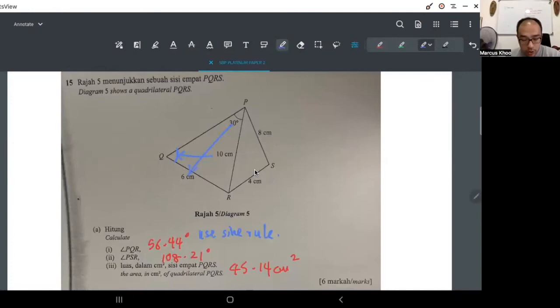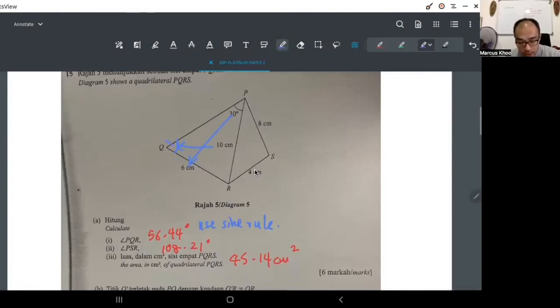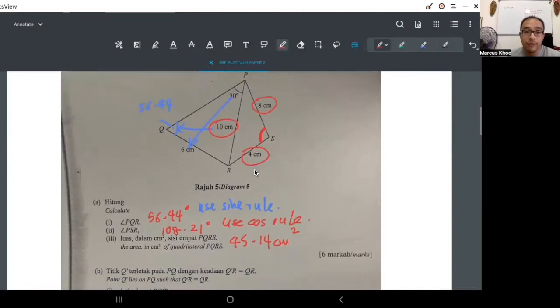And then you find PSR, which is here. So you have the 3 sides, so obviously you want to use the cos rule lah. Use the cos rule and you should be able to get this one because I'm giving you the 3 sides. And then find the area of the whole quadrilateral.